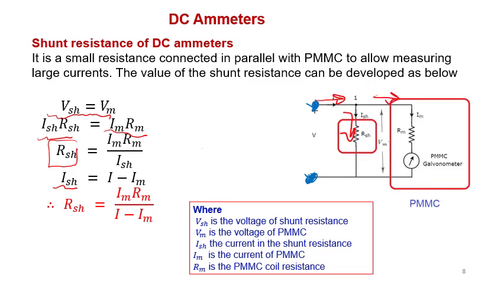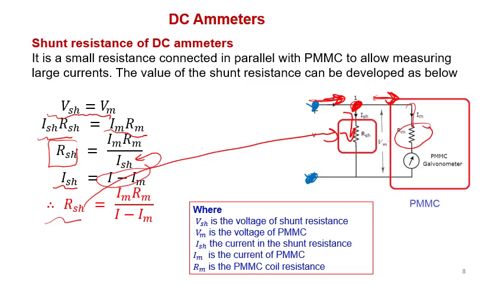So I shunt, according to Kirchhoff's current law, is equal to this current minus this current. If I substitute this value here, we will find that R shunt, this resistance here, is calculated as Im Rm divided by I minus Im.